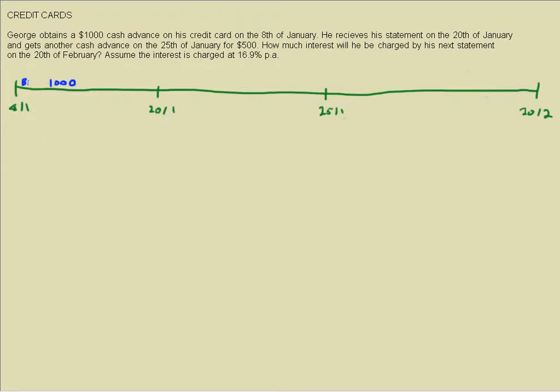So the interest, remembering our interest formula, simple interest, that's I equals the principal times the interest rate times the term over which we're applying it.